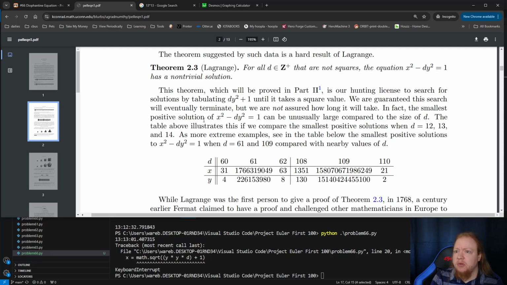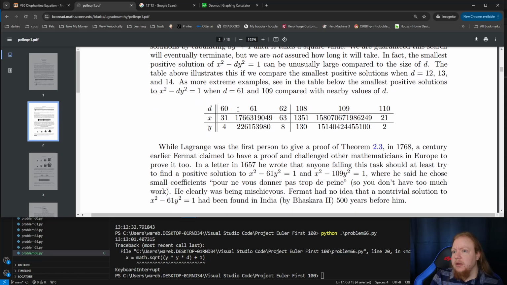In fact, the smallest positive solution can be unusually large compared to the size of d. Okay, so obviously looking at 61 and 109, it's very, very large numbers that we're dealing with here.